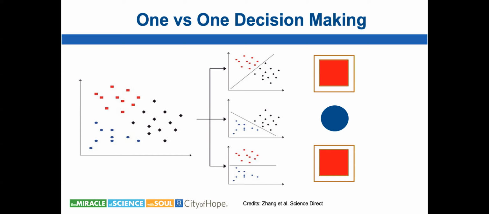And so when it comes to greater scale of these classes, one versus one is usually not preferred in that scenario. And it's also a much slower approach when it comes to the computational time, because you have to compute so many binary classifiers.